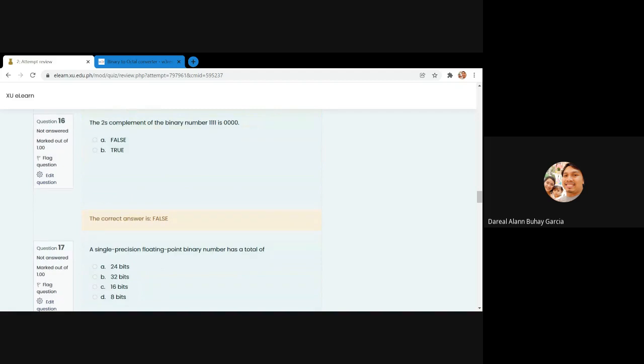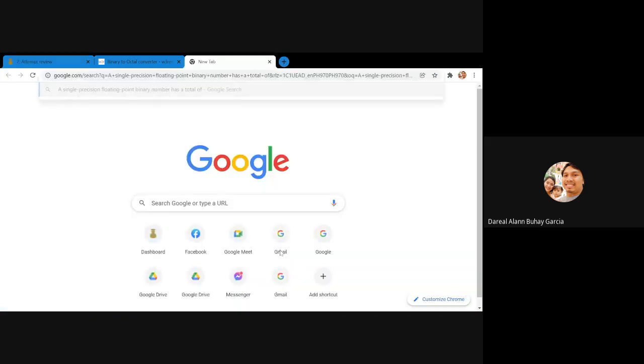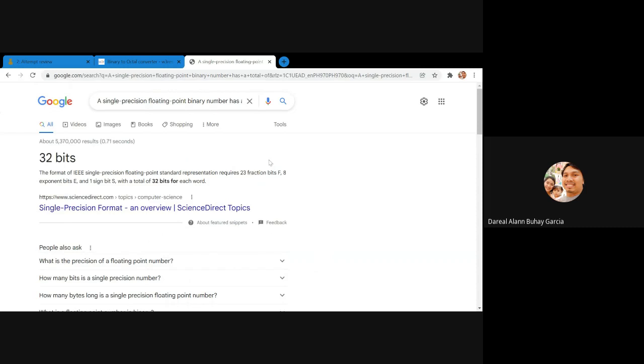A single precision floating point binary number has a total of 32 bits. It is the IEEE standard. The single precision floating point representation requires 23 fraction bits, 8 exponent bits, and 1 sign bit.